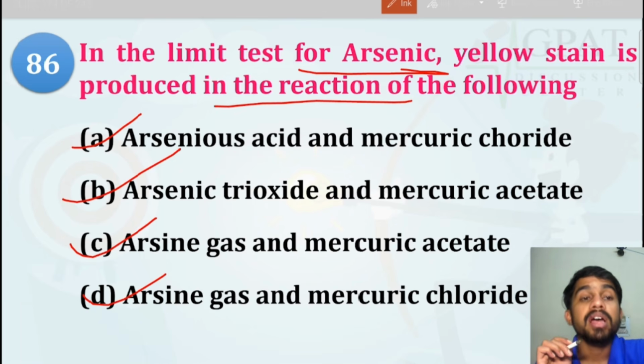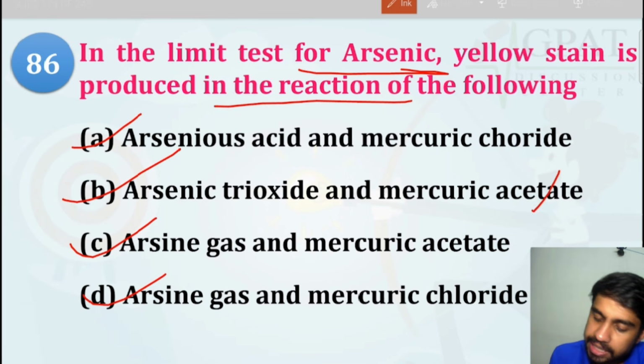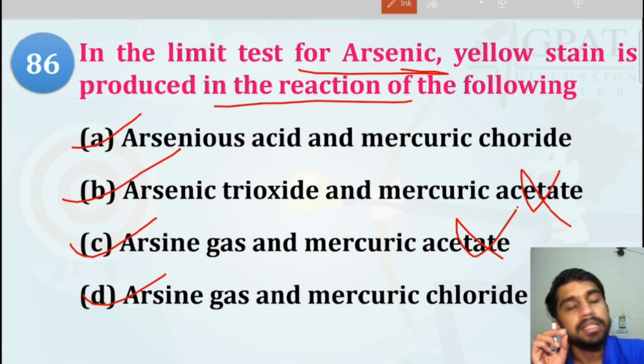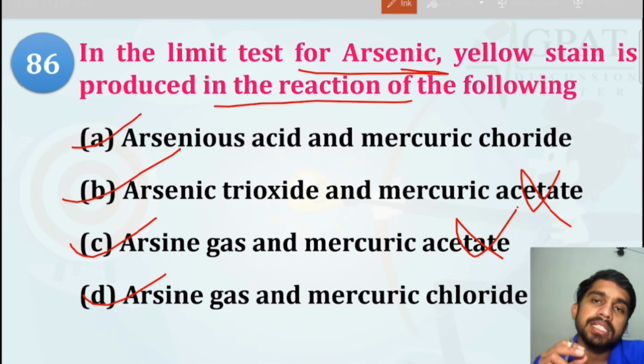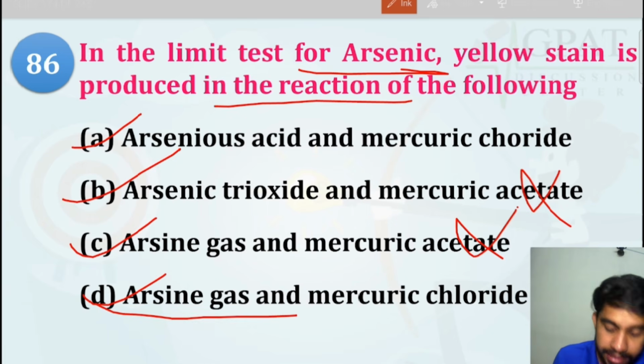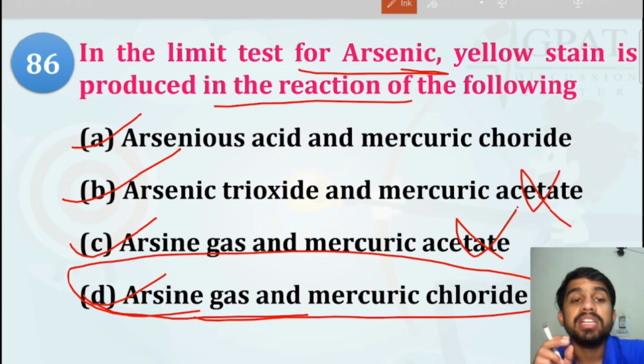So if you remember, we were using the mercuric chloride paper, that is HgCl2 paper. So mercuric acetate has nothing to do. Now arsine gas is related. Yes, the arsenic impurity is present. Now arsenic is converted into arsenious acid, and then arsenious acid gets converted into arsine gas, and that gas reacts with mercuric chloride paper, and that will result in the yellow stain on the paper.